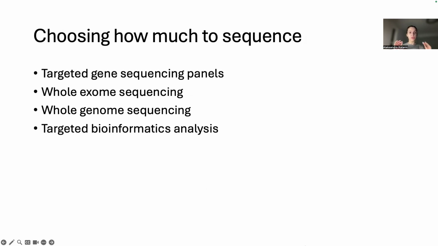Finally, we want to choose how much to sequence. So there are several approaches for choosing how much DNA to sequence when looking at pathogenic SNVs, and this typically depends on our goal, right? So if we want to do targeted gene sequencing panels, this is usually chosen when only DNA sequences of selected genes are targeted and captured in the library, and the panel will consist of genes known to be associated with specific diseases or phenotypes which we predict that the patient may have.